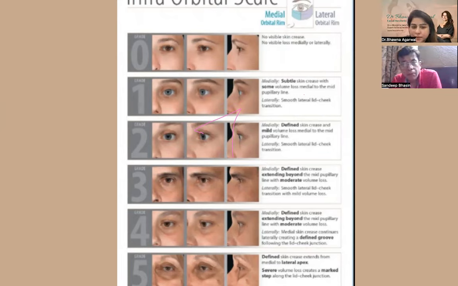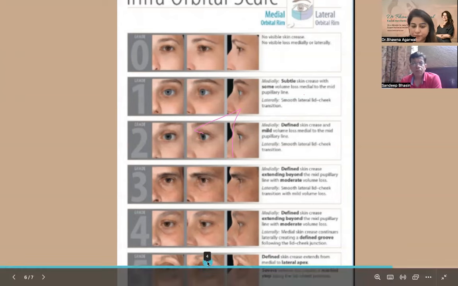Then there is a medial supple skin crease. Then it comes medially and becomes defined. Then further it goes to the mid-pupillary line, then beyond the mid-pupillary line, and then the entire orbital rim is involved.